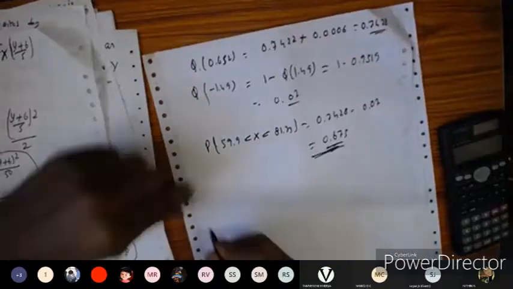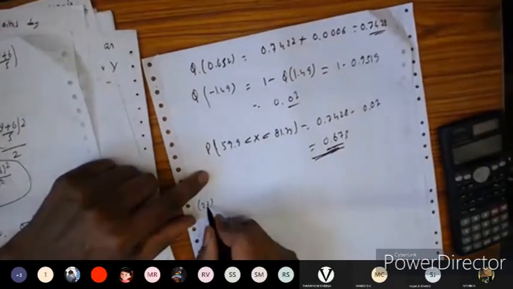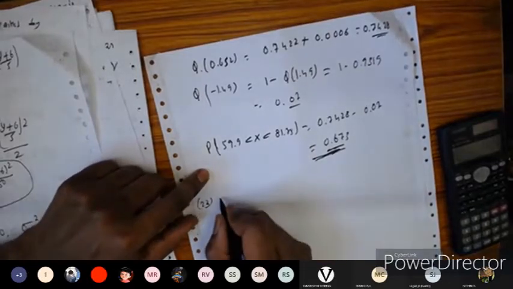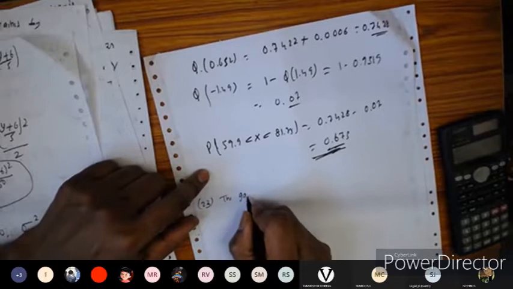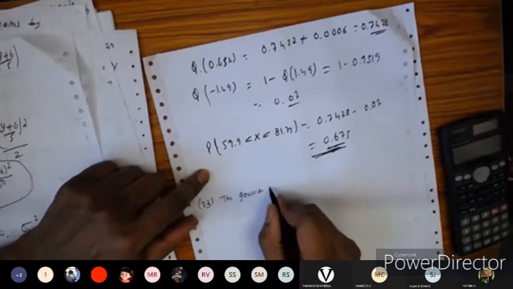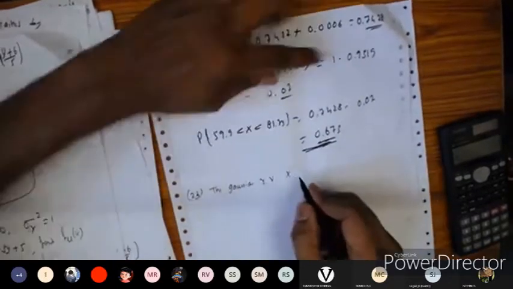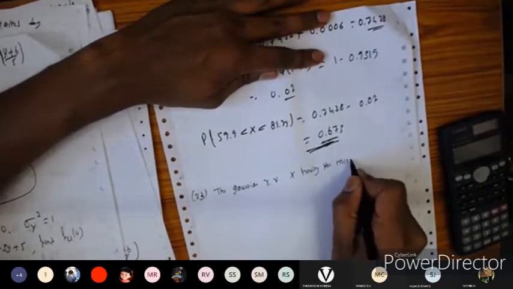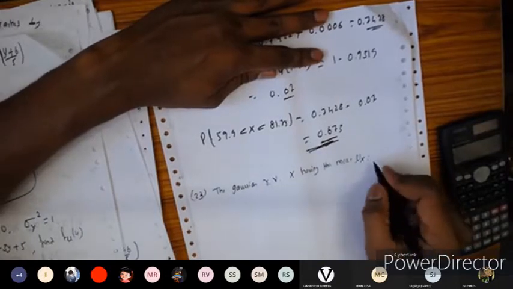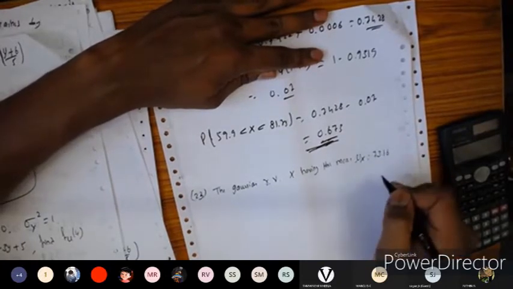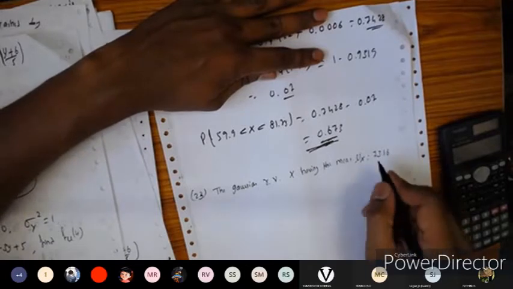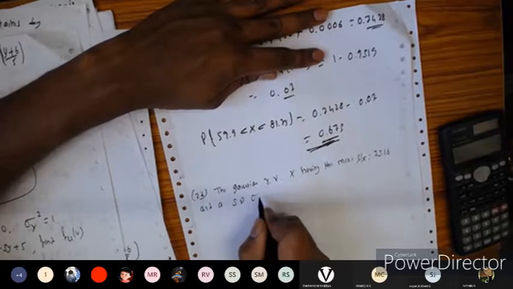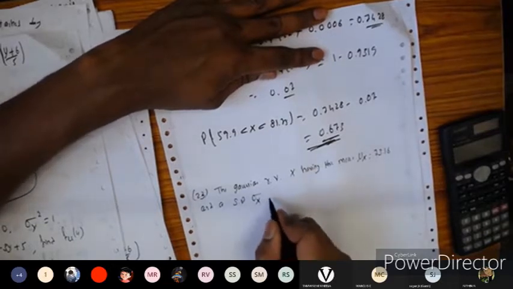The Gaussian random variable x having the mean 73.16 and a standard deviation of 20.35.